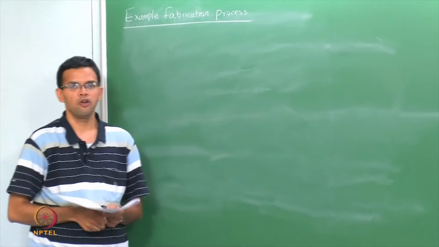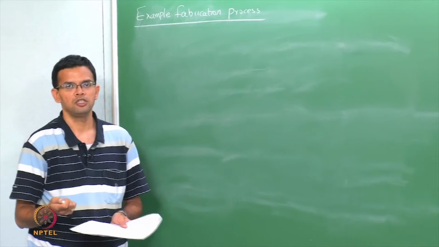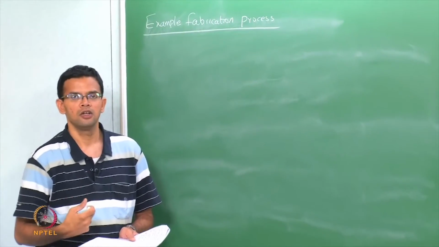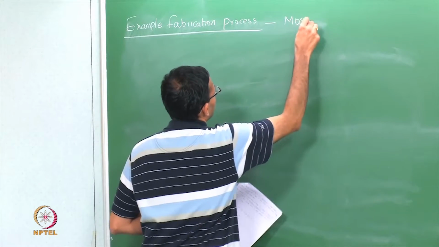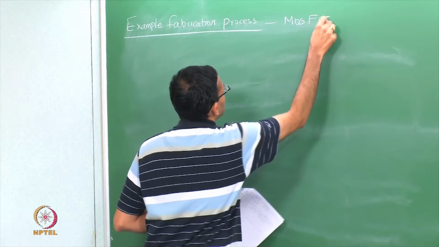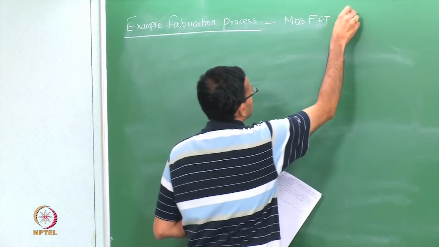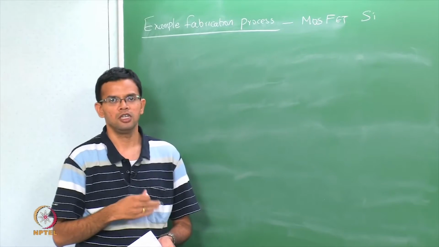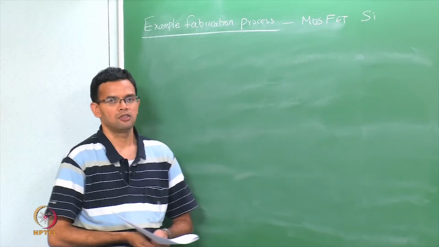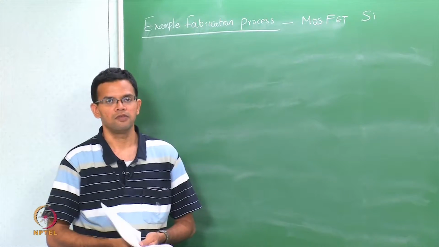And the process we are going to look at is the formation of a MOSFET device on silicon. So, MOSFET is nothing but your metal oxide semiconductor field effect transistor. So, we have seen a MOSFET device before. We have also seen how the device actually looks. We have seen the schematic of the device.